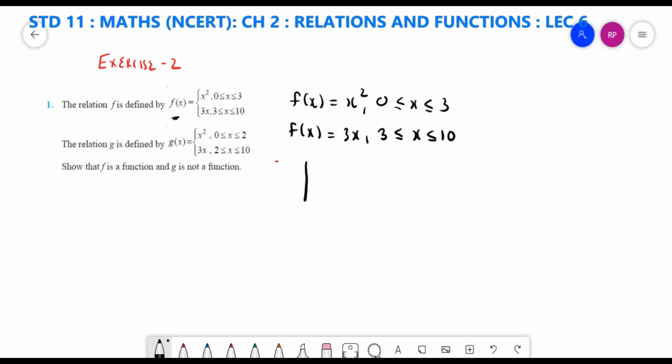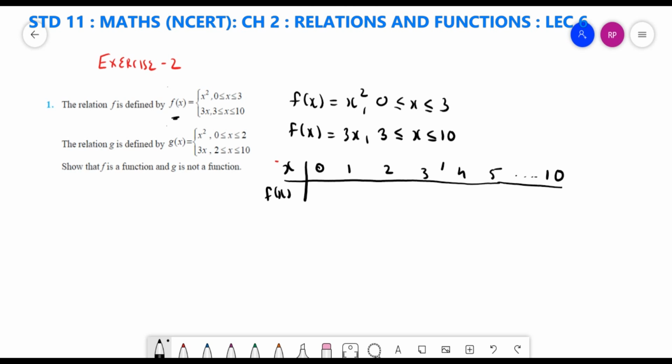So if I take the values 0, 1, 2, 3, 4, 5 and up to 10. It's not that I can only take these values, I can also take 0.5, because x is greater than or equal to 0 and less than or equal to 3, so I can also take decimal values. So now what is f(x)?